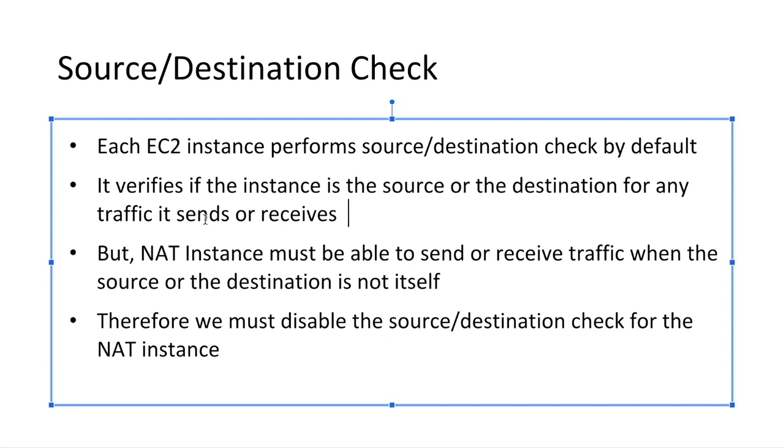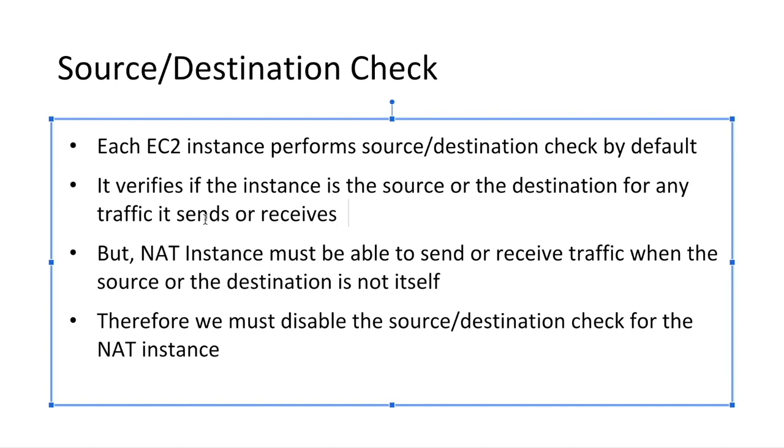But in NAT, we have to violate that rule. In NAT, the traffic is not initiated at the NAT instance. It is initiated at the backend server. What NAT does is translate the IP addresses into the elastic IP or the public IP and then send it on behalf of the private instance.